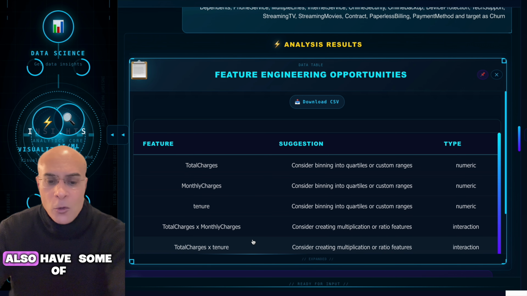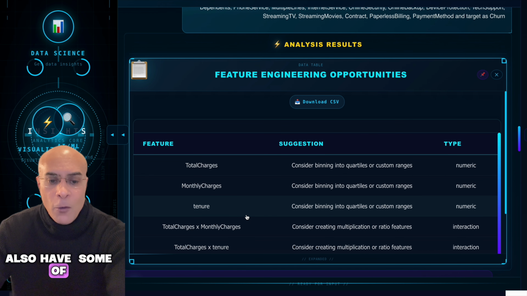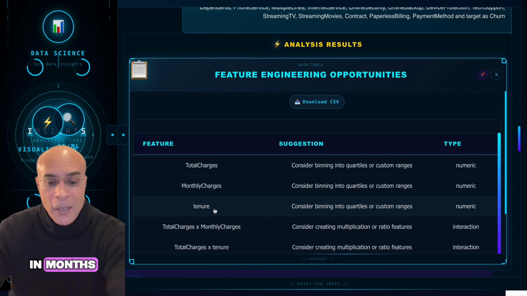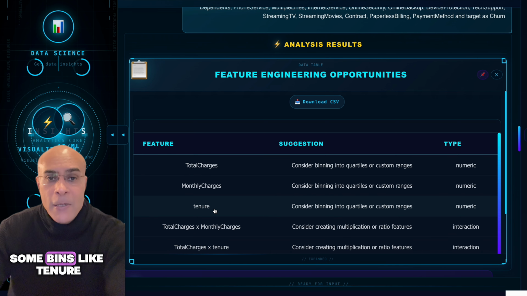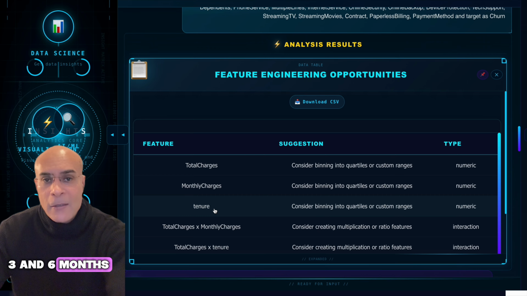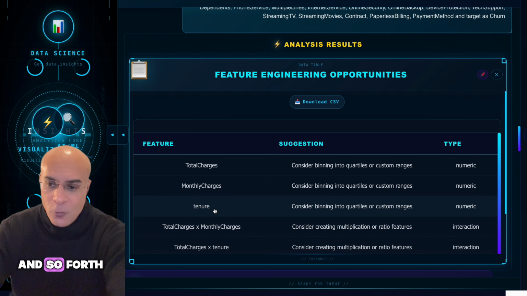In addition, you can also have some of the features binned. For example, tenure is in months, so you can create some bins like tenure between 0 and 3 months, 3 and 6 months, 6 and 12 months, and so on and so forth.